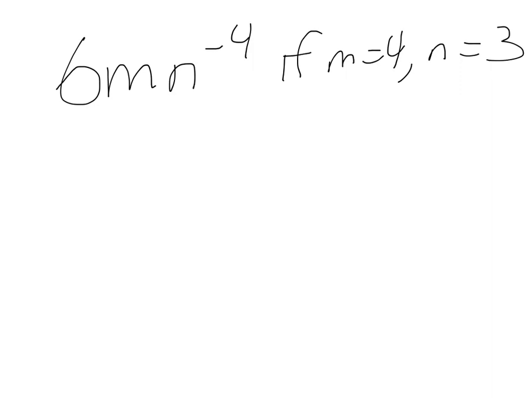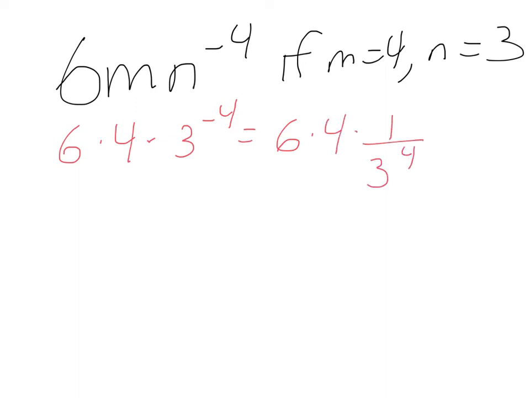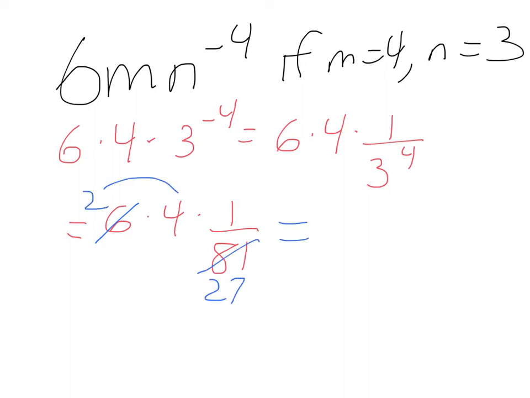If you did this one correctly, you would have done 6 times 4 times 3 to the negative 4th, which is 6 times 4 times 1 over 3 to the 4th. 3 to the 4th is 81, so this is 6 times 4 times 1 over 81. But with 6, I can divide out a 3 from each of those, so 2 over 27. So I get 8/27ths. How is it negative?